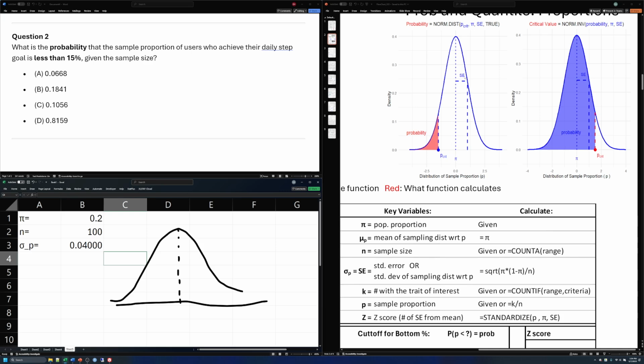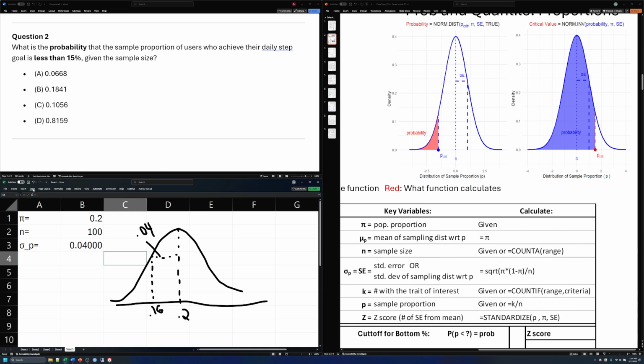And we've got our standard error determining where that inflection point is. So we know that this is going to be 0.2. And we know that this distance to the standard error is 0.04. And so this point right here is going to be 0.16. And we want to know about where 0.15 is.